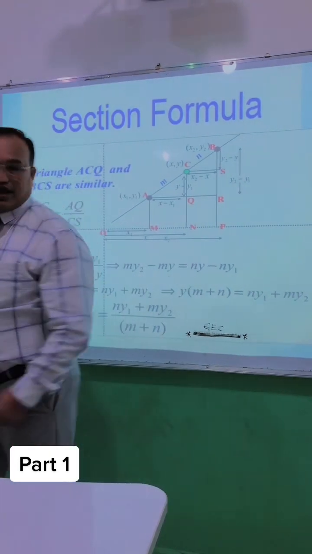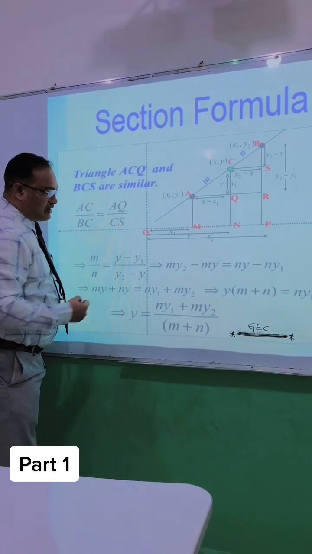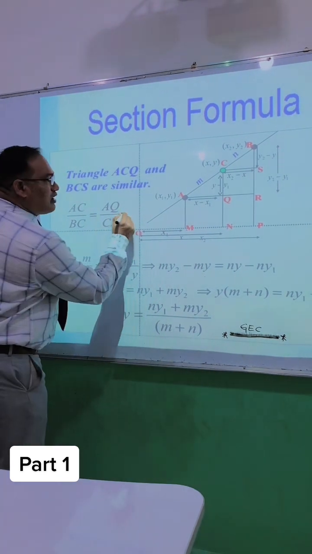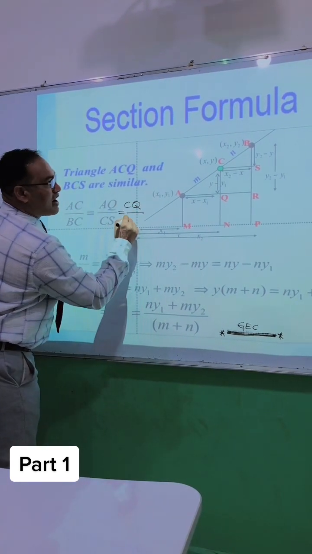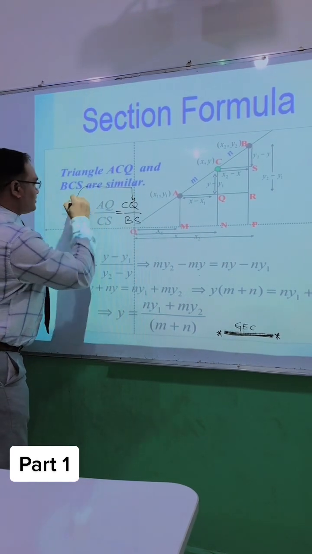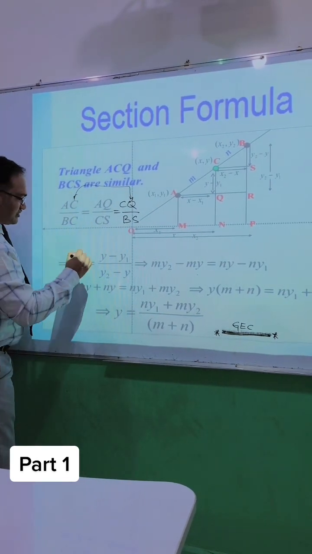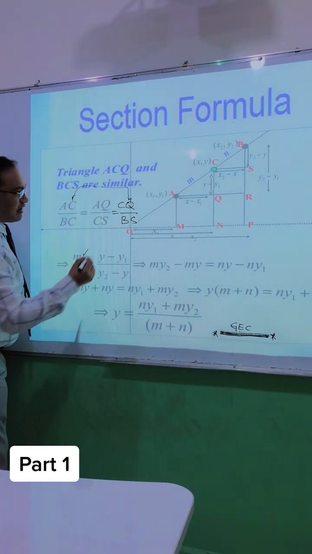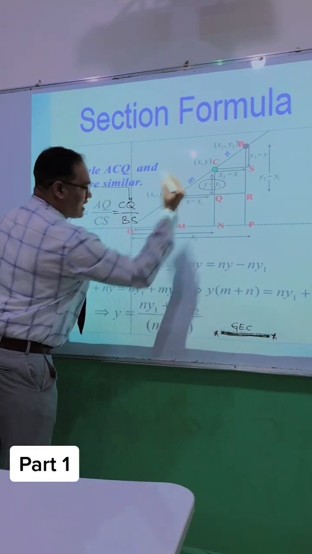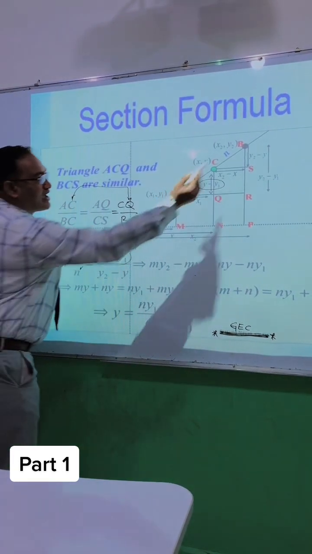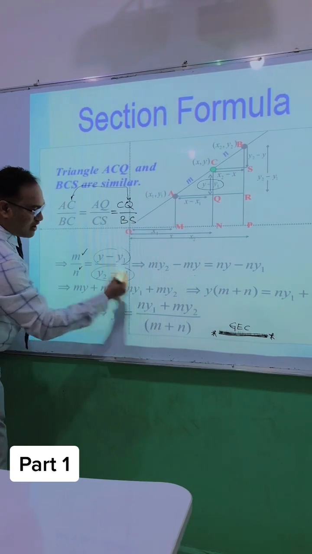Simply applying the sides, AC which is m and BC which is n, CQ is y minus y1 and BS is y2 minus y.